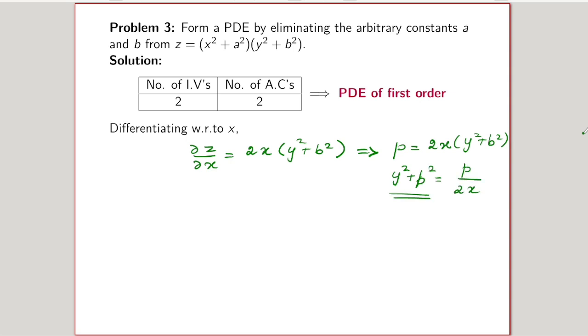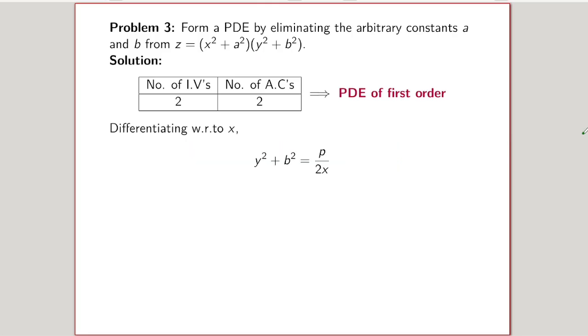We are writing y square plus b square on the left hand side because that term is there in the given equation. So y square plus b square can be written as p by 2x. Similarly, differentiating with respect to y, we get dou z by dou y equal to x squared plus a squared into 2y.